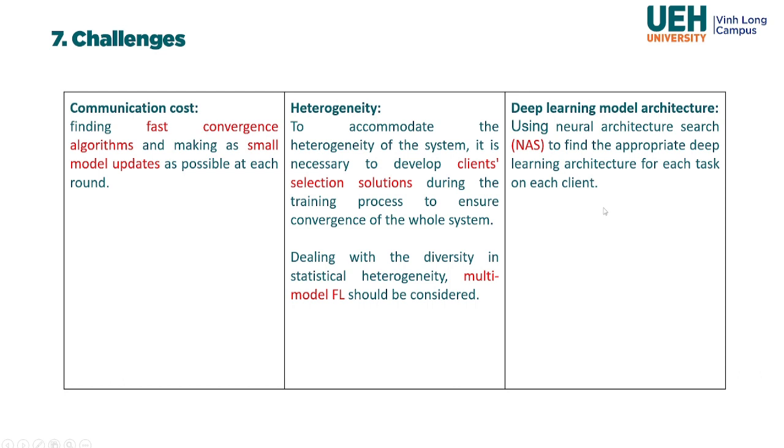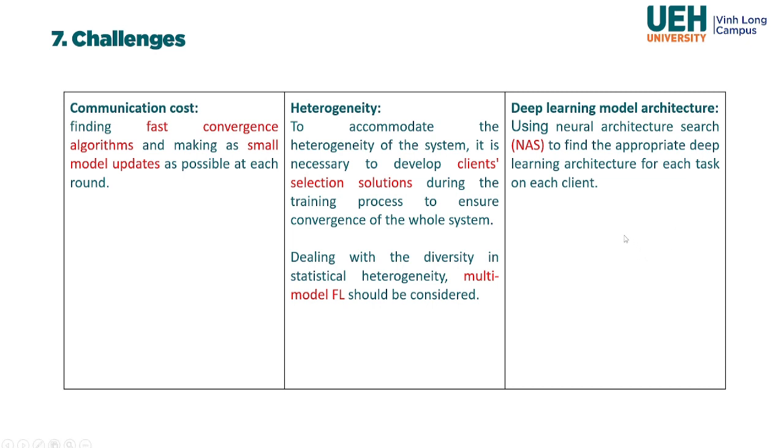And the third challenge is not only for federated learning, but also for machine learning and AI. We know that deep learning model architectures have to be prefixed. For example, how many layers, how many cells in each layer, how many epochs, and how big the batch size.